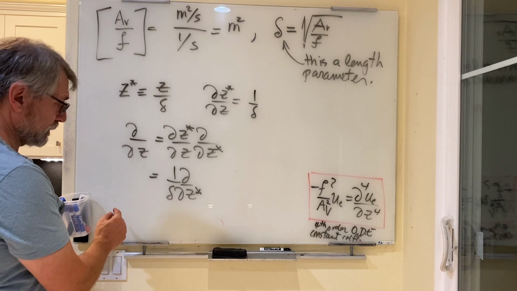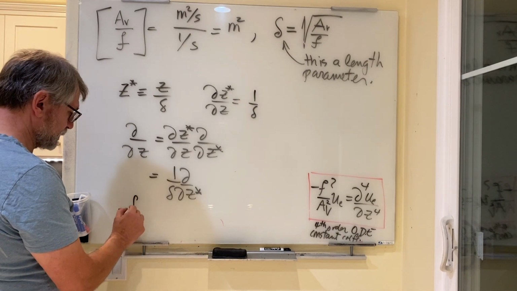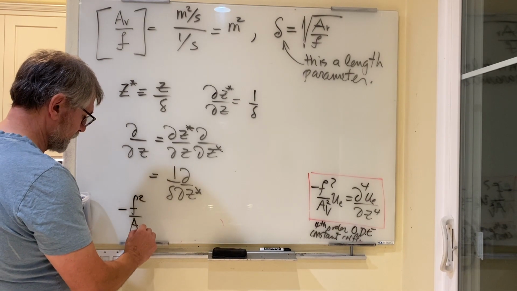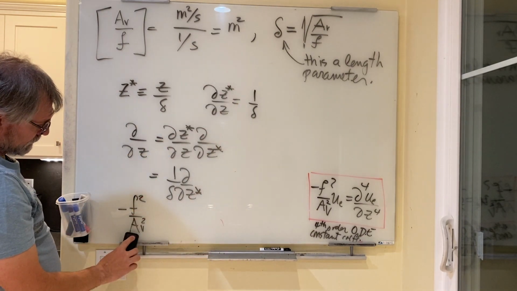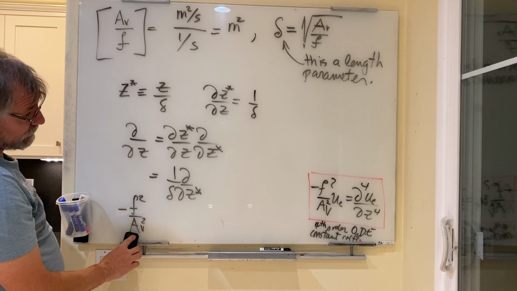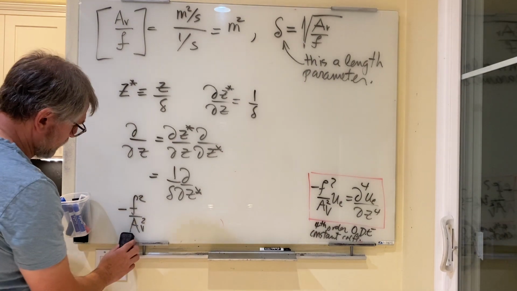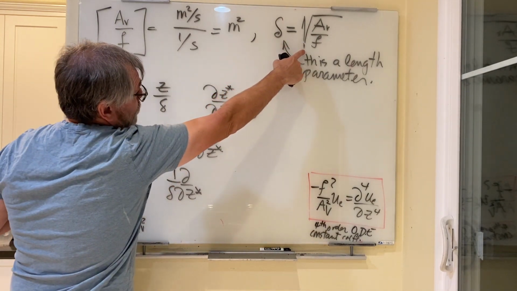So my equation becomes minus f squared over av squared. This quantity is just 1 over delta squared, right? No, this is 1 over delta to the 4th power, sorry. Right, this is the square root.